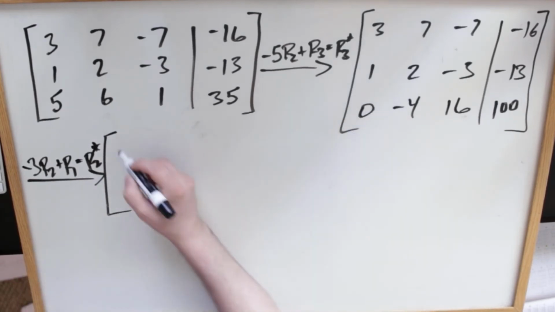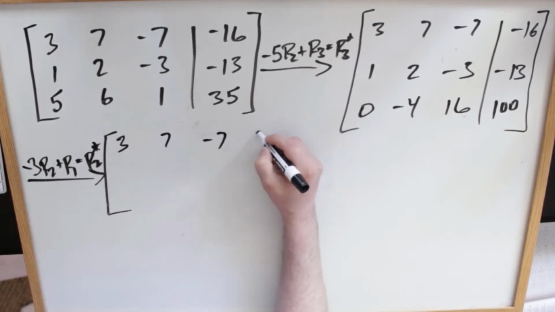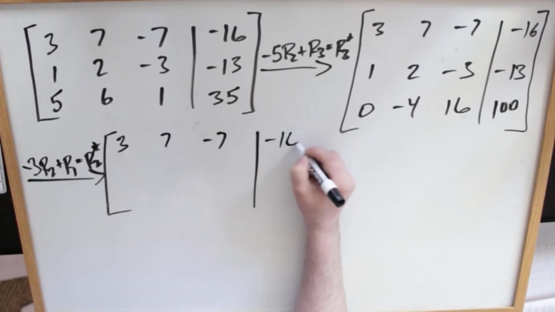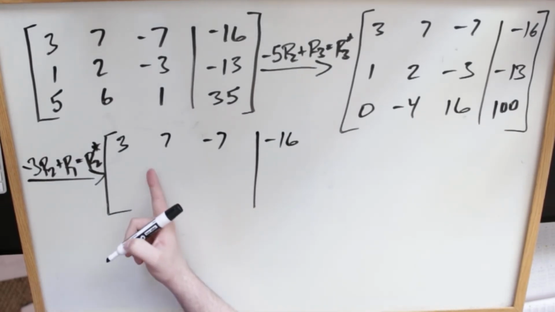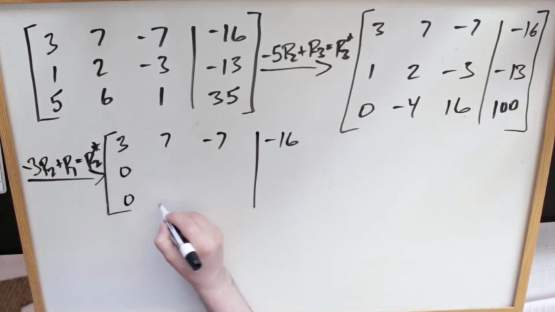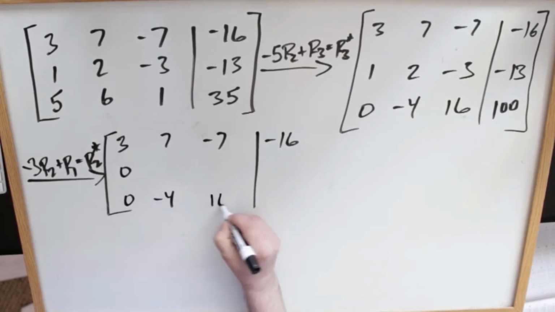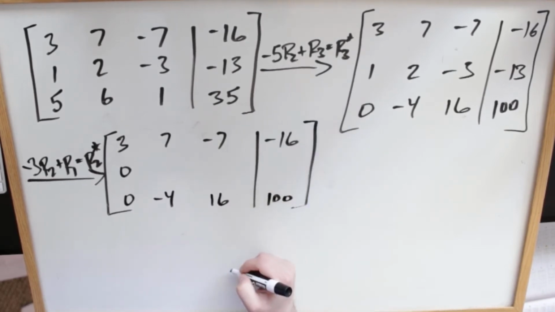First, let's make the rows the same. The top row is going to stay there. The middle row will be minus 3 times row 2 plus row 1. That's going to be a 0 here. The bottom row is going to stay the same. We're not going to change that. We just did that one. 100. Okay.